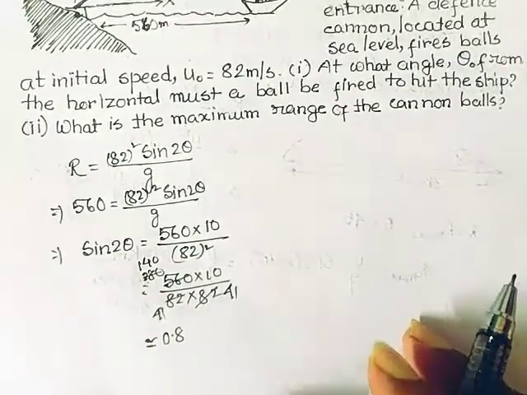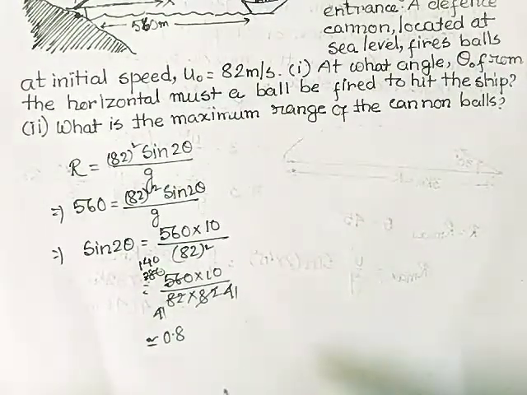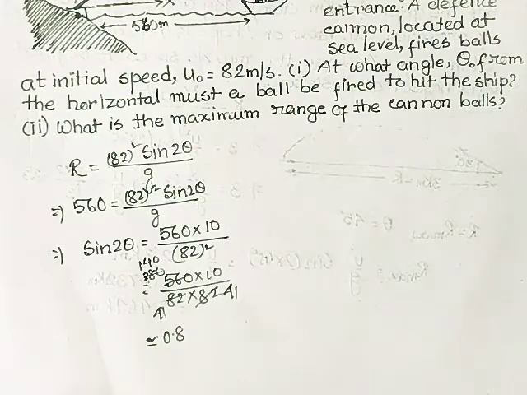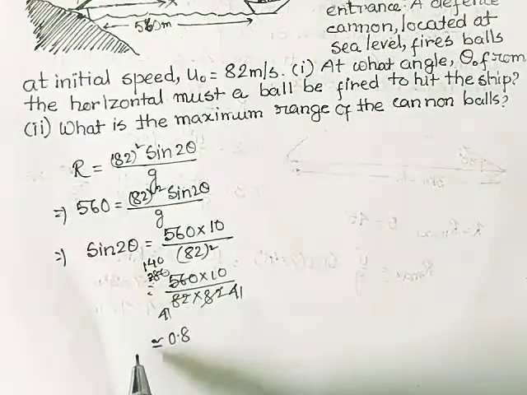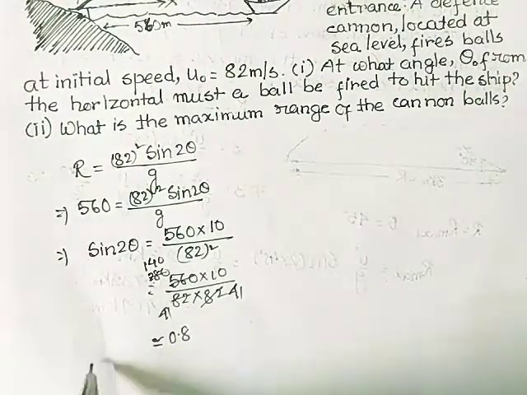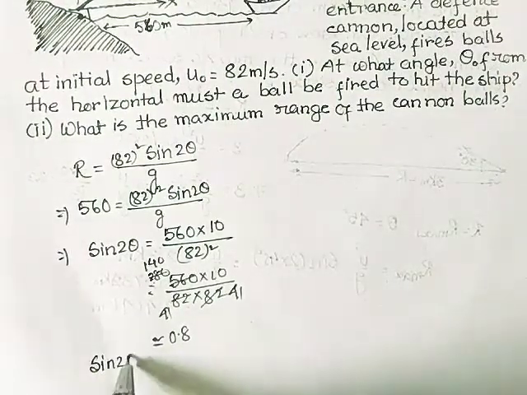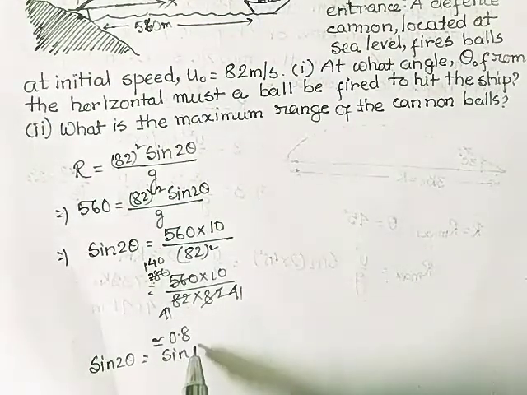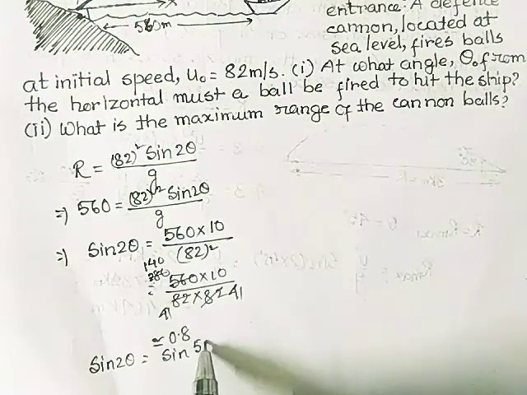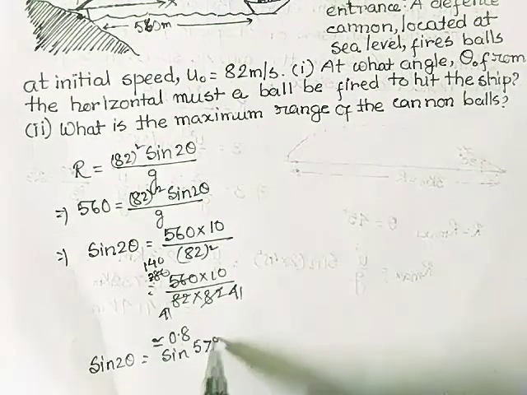We have to know this value, not only root 3 by 2, 1 by root 2, and 1 by 2, because it is also a standard angle. So sine 2 theta equals sine of, say, 57 degree.